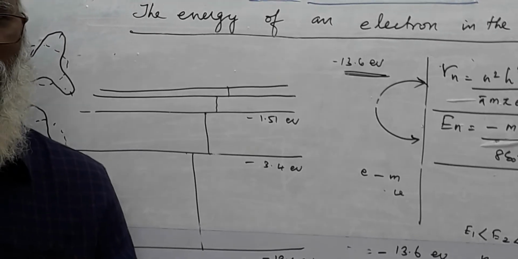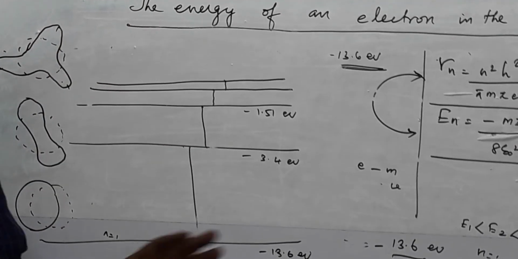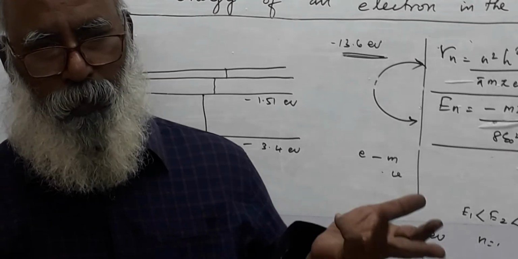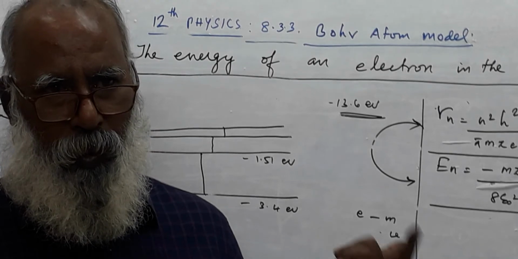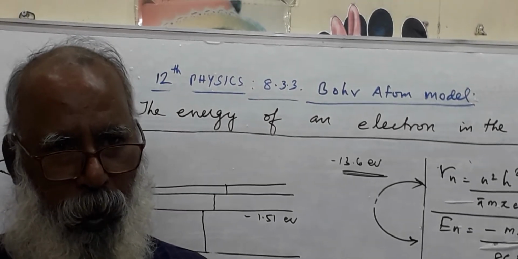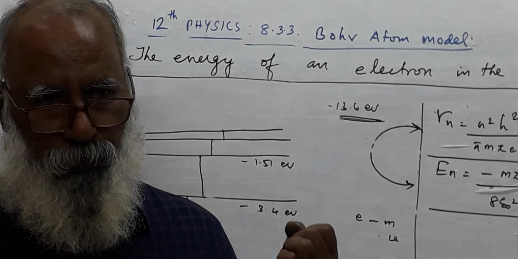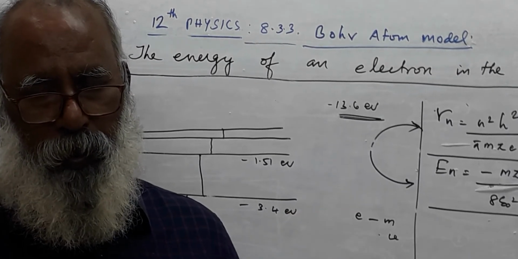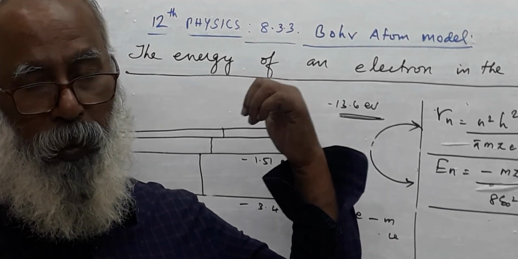So far we have seen 7 important 5 mark questions. Among these are J. J. Thomson's experiment, Millikan's experiment, Rutherford's experiment, Niels Bohr's hypothesis and Niels Bohr's atom model.